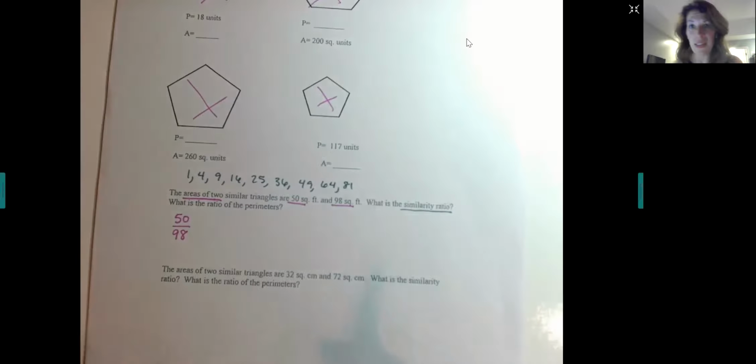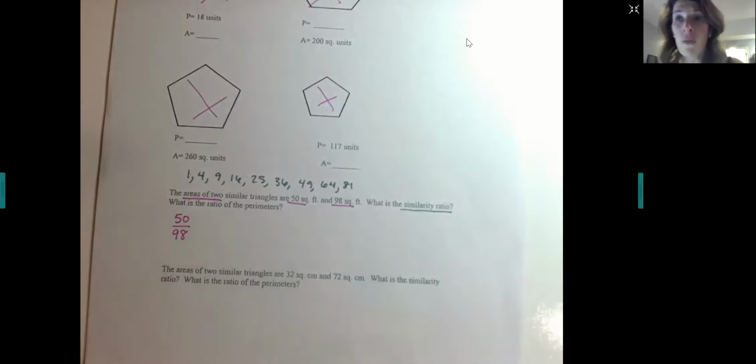But we are going to have to figure out what perfect square does go into those. So a reminder of our perfect squares: 1, 4, 9, 16, 25, 36, 49, 64, and 81. I think I got them all.